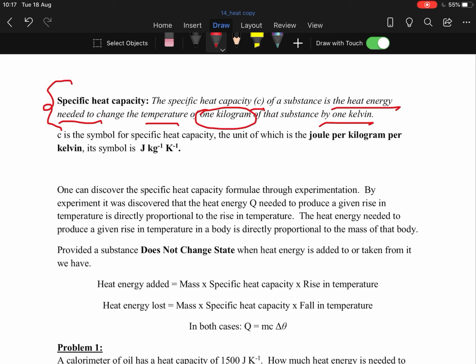It's the big thing about science, you have to account for all the variables. So here we're going to say, okay, well, specific, hence why it's specific. How much heat do we need to change 1 kg of object or substance by 1 Kelvin? Hence why its SI unit is joules per kg per Kelvin, J kg^-1 K^-1. And if you said 1 kg by 1 degree Celsius, generally they accept it as well.